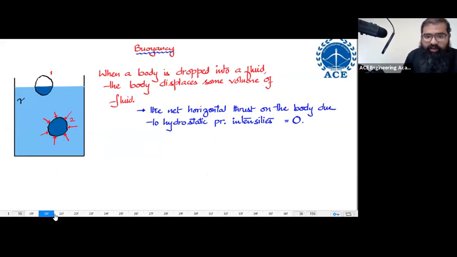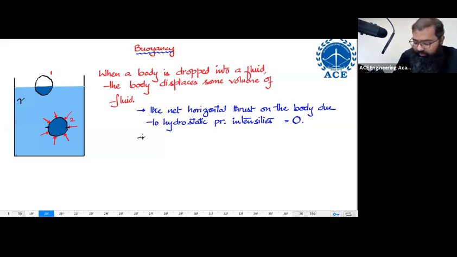Same story here. If I divide this body into upper half and lower half, the upper half has displaced volume from the interface to this level, and the lower half from this level to the bottom. Therefore, the upward thrust will be greater than the downward thrust.